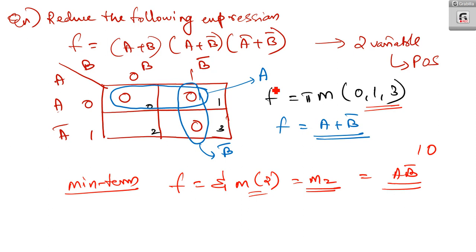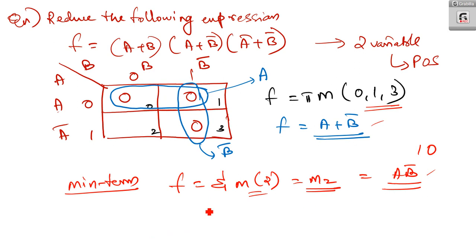Therefore, the most simplified form is either we can do with A or B bar in POS form, or we can write with A B bar in SOP form. In both ways it is correct. That means whether you are getting min term or max term, actually what you are getting is the duals. If you are getting the duals, both are correct.